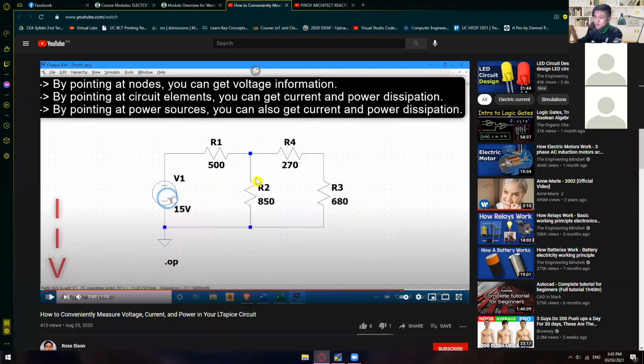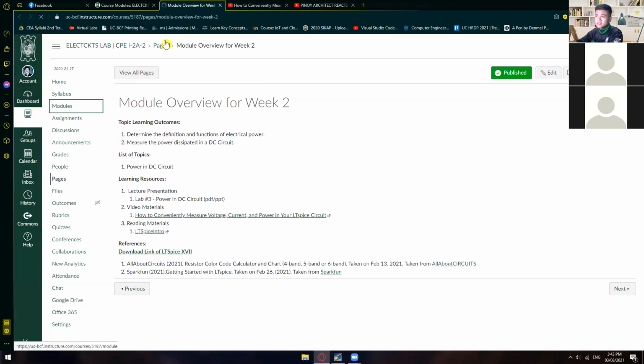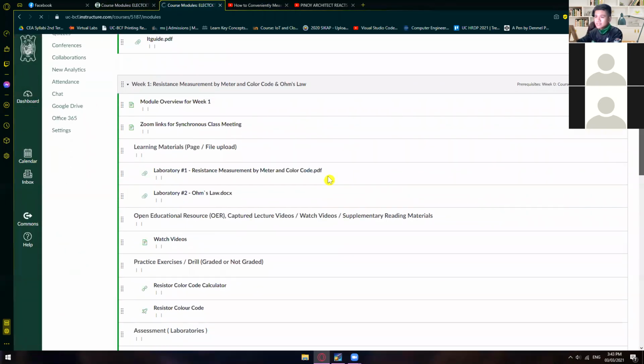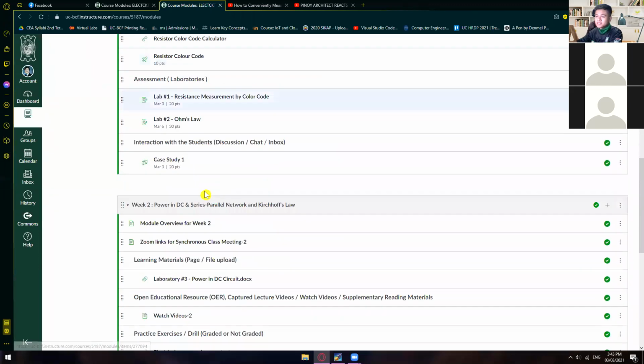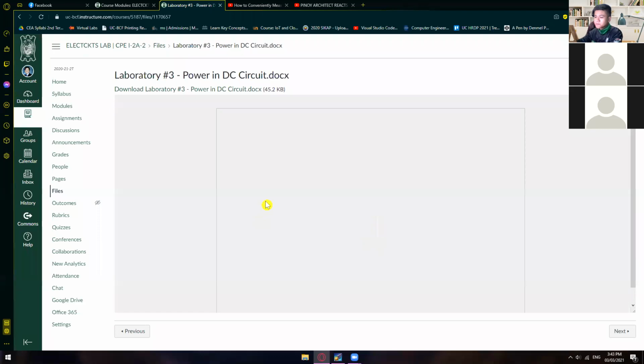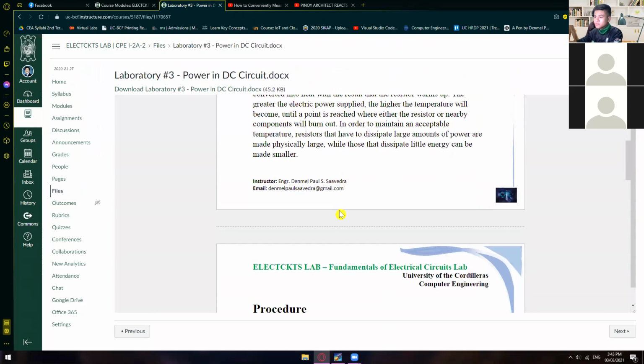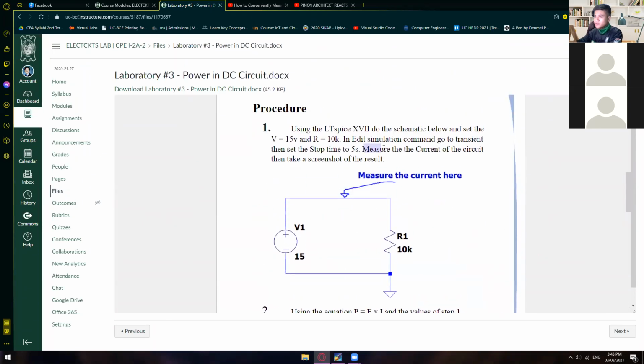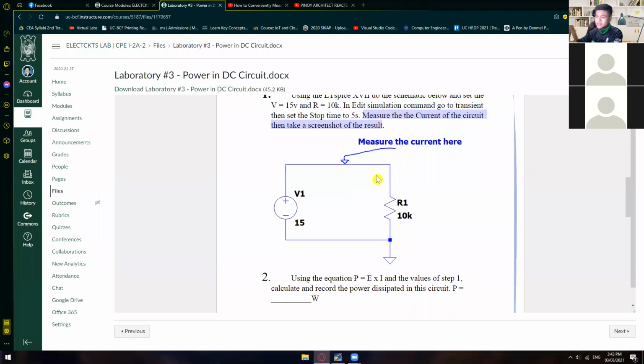You can also do this one, but the one that I'm asking is the screenshot of your graph. So measure the current of the circuit and take a screenshot of the result. I need the screenshot of the graph itself.